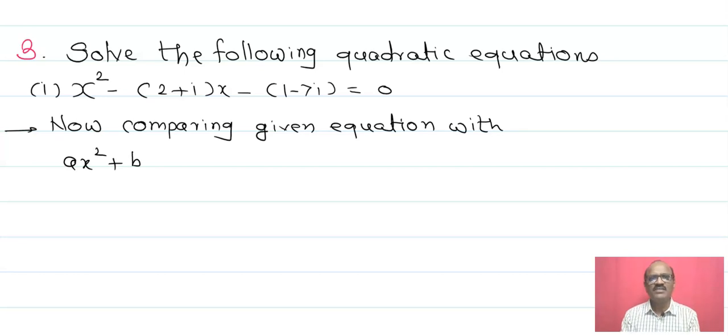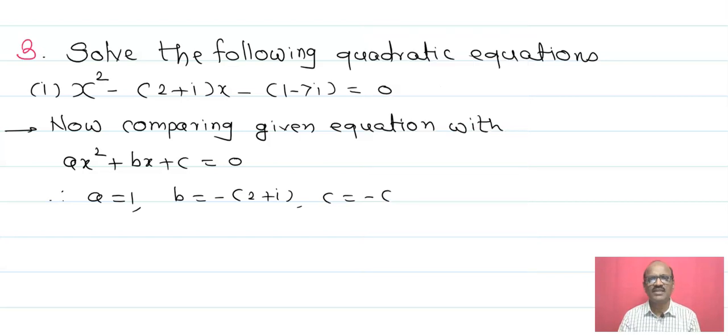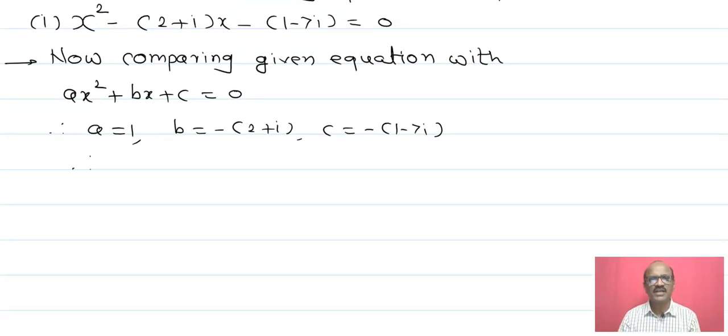Now comparing with the quadratic equation ax square plus bx plus c equals 0, a is equal to 1, b is equal to minus (2 plus i), c is equal to minus (1 minus 7i).